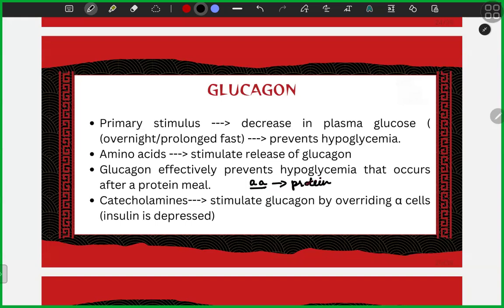If you take a lot of amino acids, insulin is going to start acting up, like, I want all of the amino acids, nothing for the body. So the body would go into severe hypoglycemia, and then glucagon comes in and prevents this hypoglycemia that occurs after a protein meal. So amino acids mostly stimulate release of glucagon, because otherwise you're going to go into hypoglycemia, and that's not going to be very good.